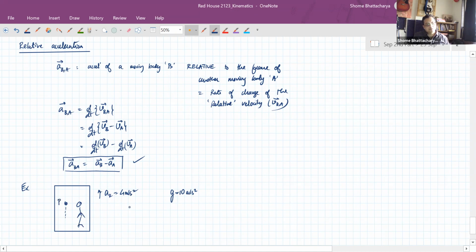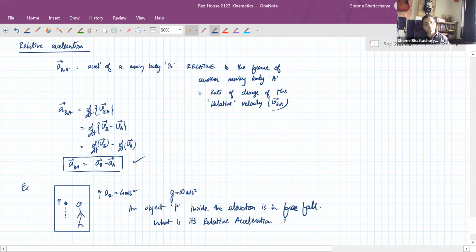So if an object P inside the elevator is in free fall, what is its relative acceleration with respect to the elevator's frame? Just be careful, okay, because it's a vector difference now.